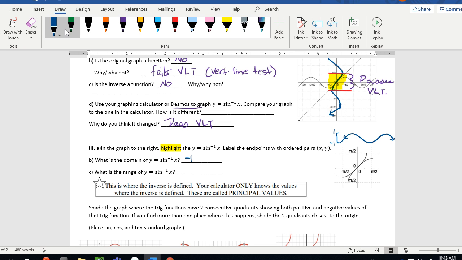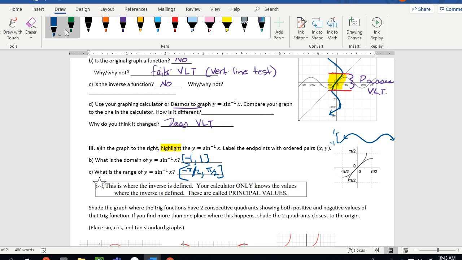So the domain is -1 to +1, because here the range was -1 to +1. And the range in these is going to go from -pi over 2 to +pi over 2, and it will include them.